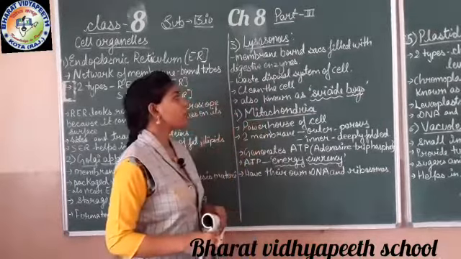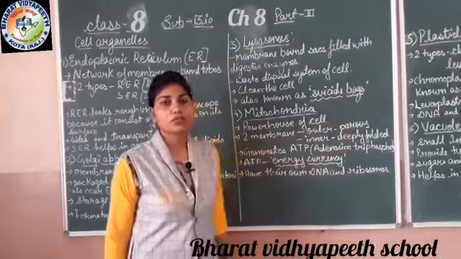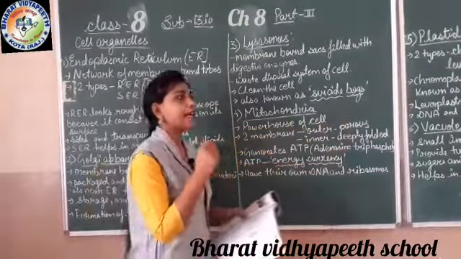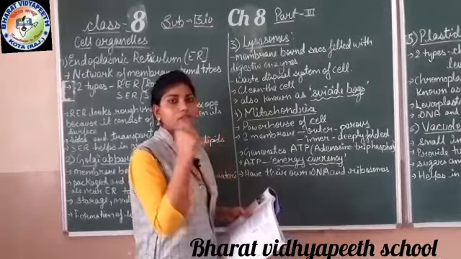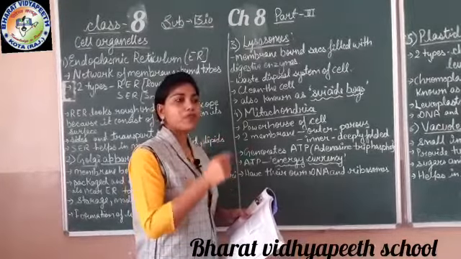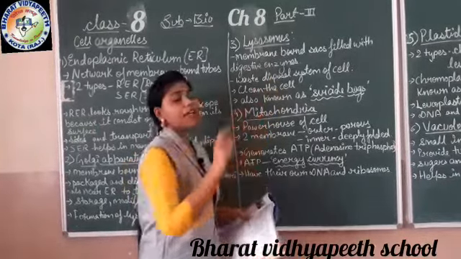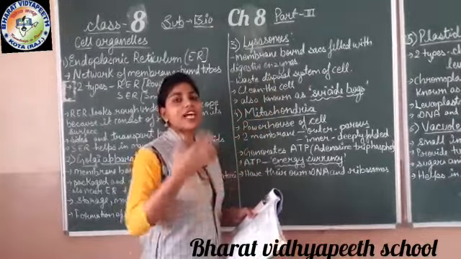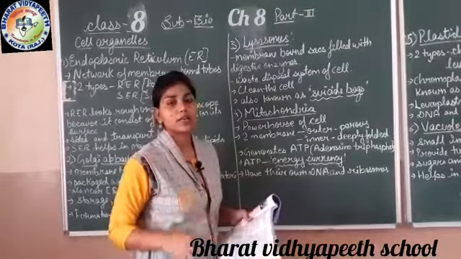Lysosomes are also known as suicide bags. Why are these lysosomes known as suicide bags? Because when the cell gets any type of injury or damage, the digestive enzymes released by the lysosome digest its own cell. It destroys its own cell by digesting it.